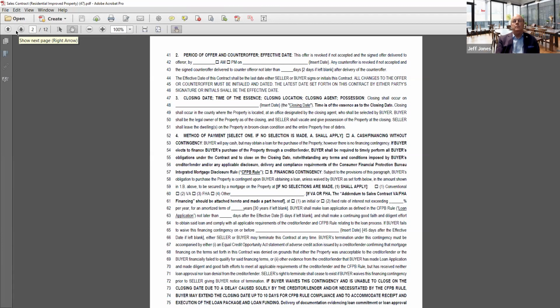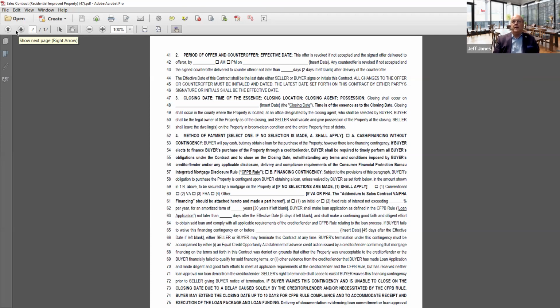The effective date becomes that last initial or last signature date, and that is day zero. Let me repeat that. The effective date is day zero. The effective date is day zero. Sound like a broken record? Because most people count it as one, which is not usually a big deal, except if it puts you over an inspection period or a deadline in the contract that we went over with all the timelines.